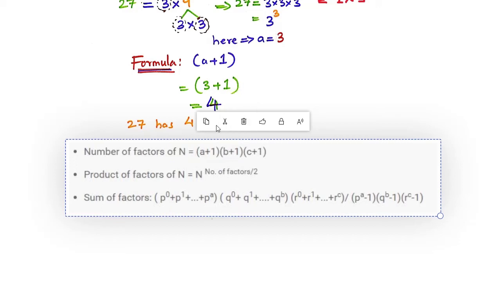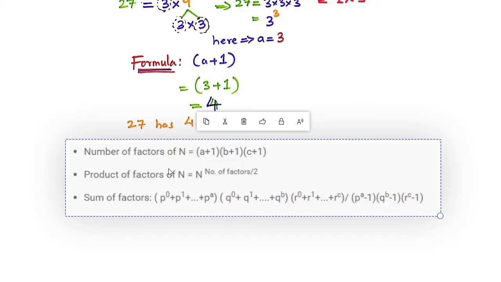And if we substitute 3 and we have the power of 3 that is equal to 3, so what you have to do is you have to start it from like this: 3 power 0 plus 3 power 1 plus 3 power 2 plus 3 power 3, and try to solve this. You're going to get the sum of factors. So this is pretty much we have.